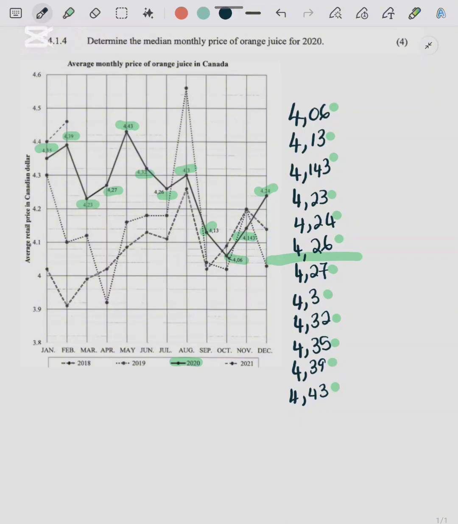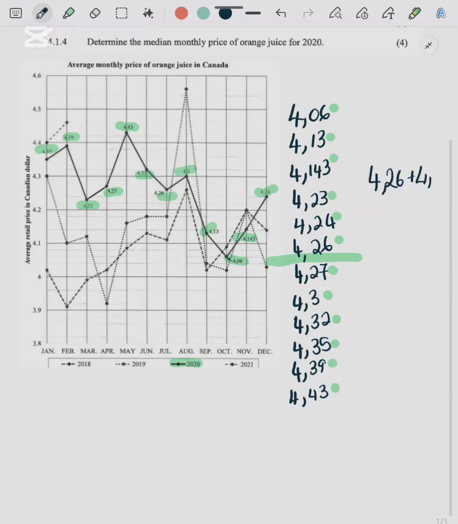So to find our middle value, we're going to add them together, 4,26 plus 4,27. And then we're going to divide that answer by 2. That'll tell us exactly halfway between. And that will give us 4,265 as our median value.